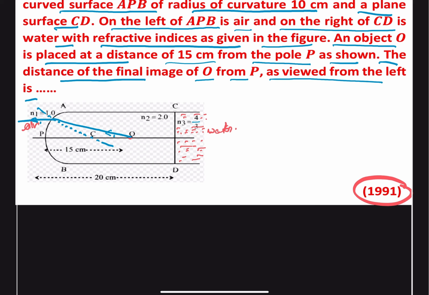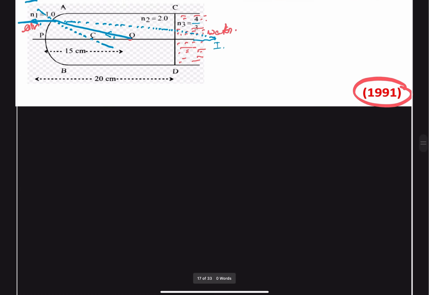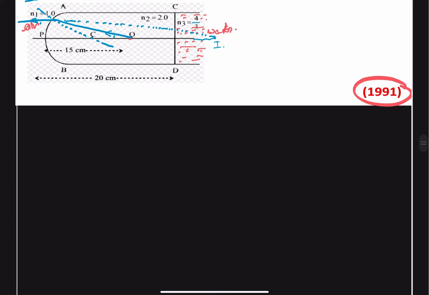And if we extend in the backward direction, it will be going like this and somewhere here. So this will be a virtual image. Let us suppose that is called I.